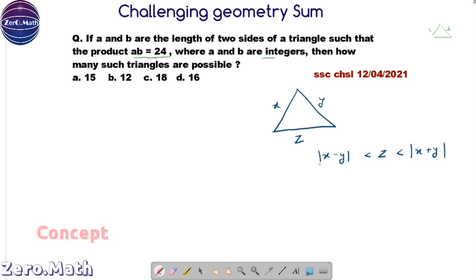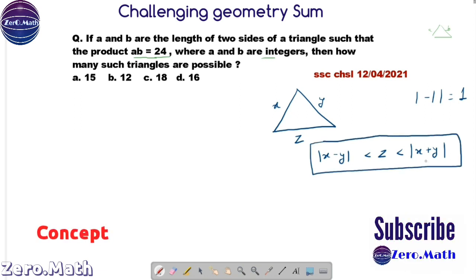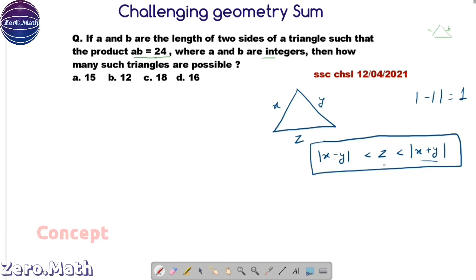And why is this mod sign used? Because the length of a triangle side cannot be negative, so the value of z cannot be negative. What is the significance of this modulus sign? If I write modulus of minus 1, that is equivalent to 1, right? So the important concept to know is, in a triangle, the third side is less than the sum of two sides and greater than the difference of two sides.